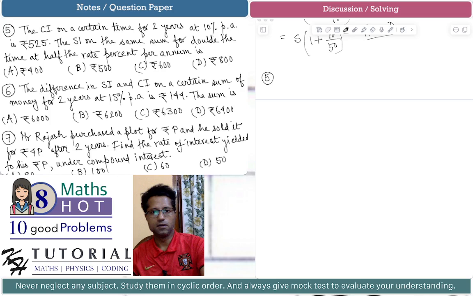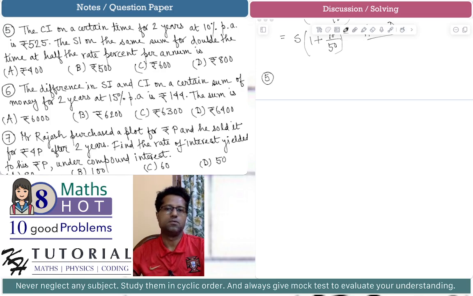Sorry, it must be on a certain sum. In the problem, it is given. I made a mistake while writing the problem. It should be: the compound interest on a certain sum for 2 years at 10% per annum is rupees 525. The simple interest on the same sum for double the time at half the rate percent per annum is?